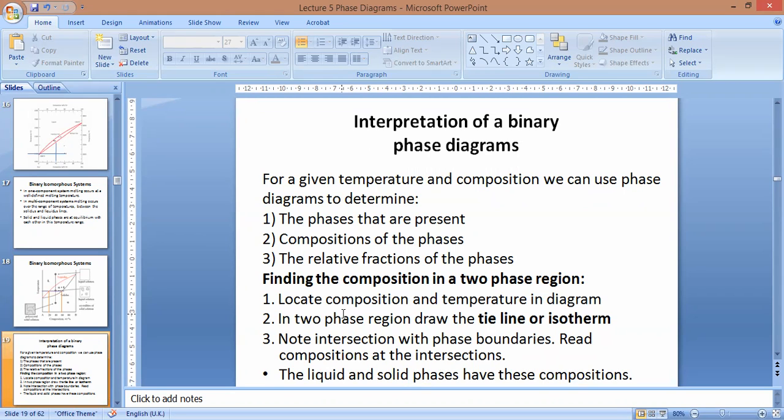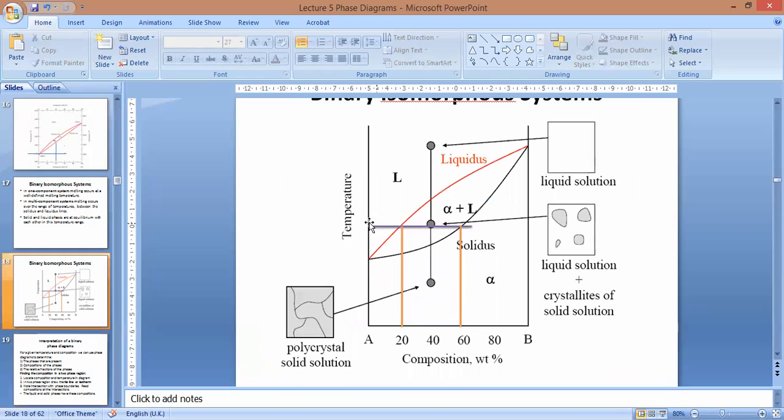Now, sorry, I forgot to mention one thing. Using the tie line or the isotherm, let me show you. This is what is known as the lever rule. When you want to know the composition of this particular point here, the composition of the solids and the liquids at this point, what you do is you get a ruler and draw a horizontal line passing through these points.